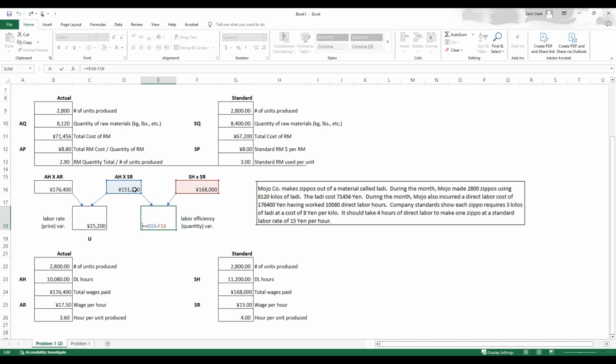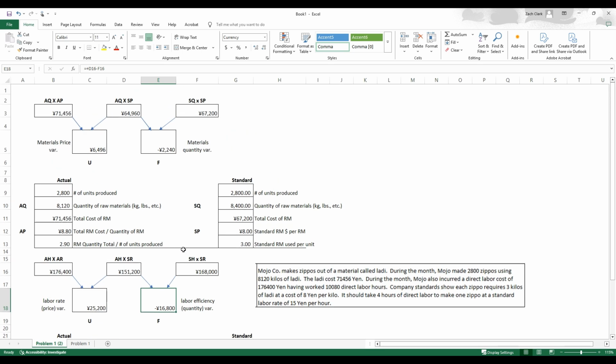But if we take the labor efficiency variance, right? We were using fewer hours of labor to produce a unit, so we were more efficient than we expected from our budgeting, and so we're going to have a favorable variance of 16,800 in that instance.